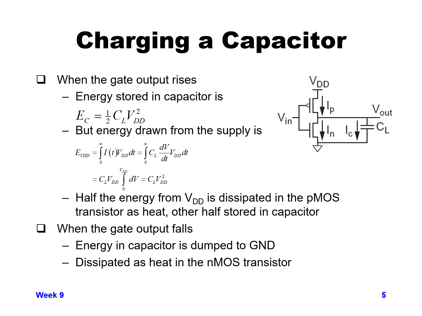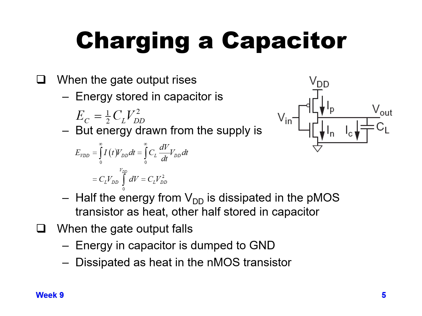squared. But if you look at the equation for the amount of energy drawn from the supply in order to charge that capacitor, that energy is the integral of I sub t times VDD integrated over time. When you go through that equation, it turns out that that is equal to C sub L times V squared.